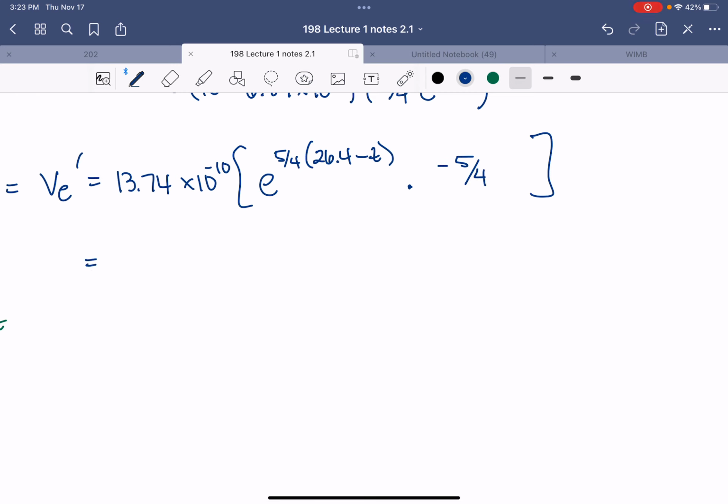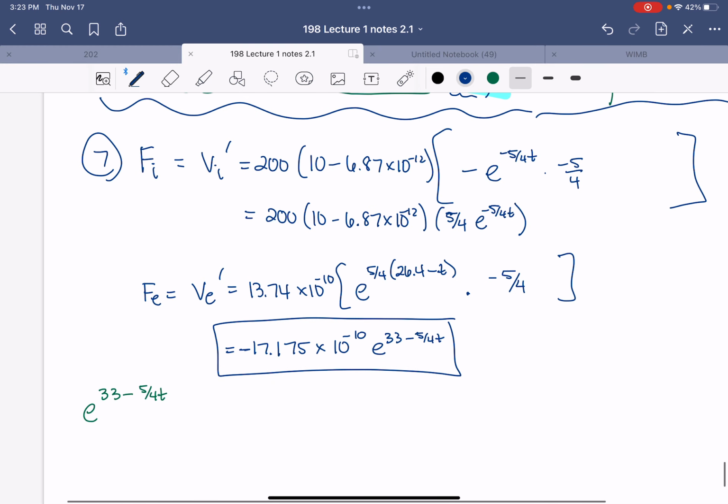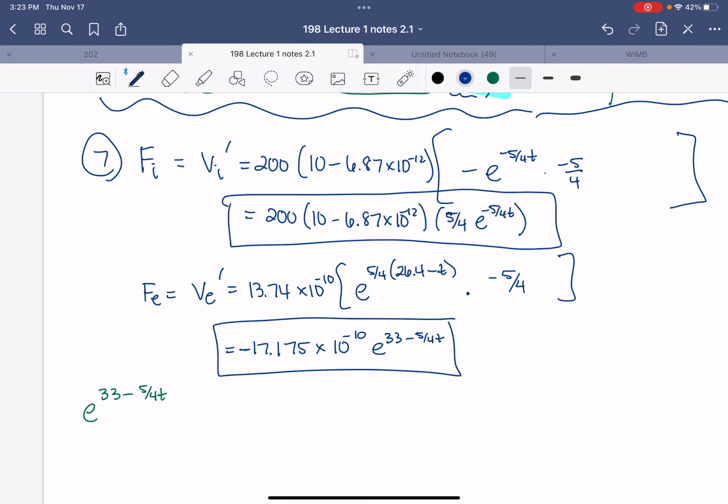So you get, let's see, 13.74 times 5/4 gives me 17.175 times 10 to the negative 10. With a negative out front, e to all of this stuff. And if you keep it distributed, you can get 33 minus 5/4 t. And that's my derivative for the expiration. So I have two pieces to my flow, the inspiratory flow and the expiratory flow.